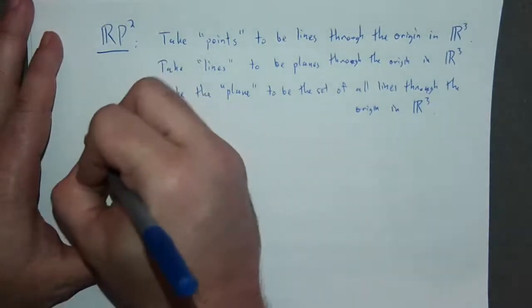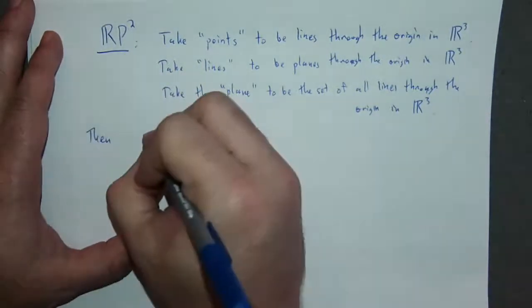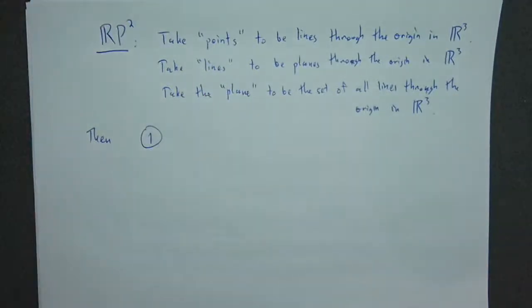So what do we note? If we've taken this as our definition of points, lines, and the plane, what do we have here?